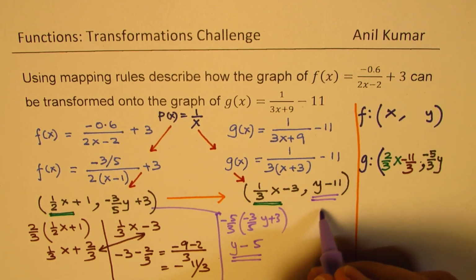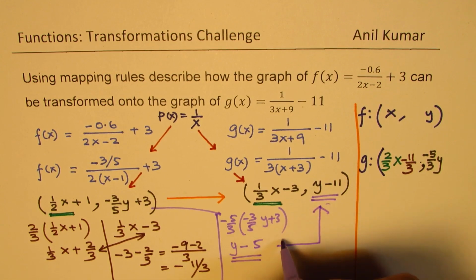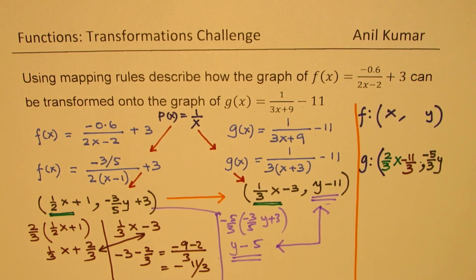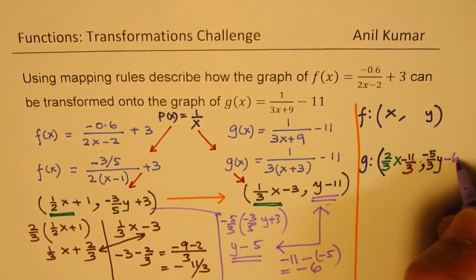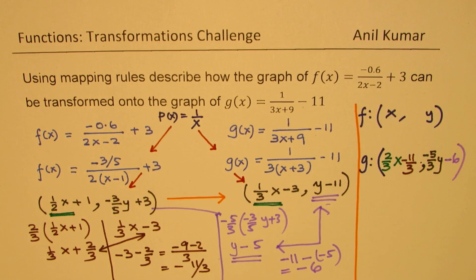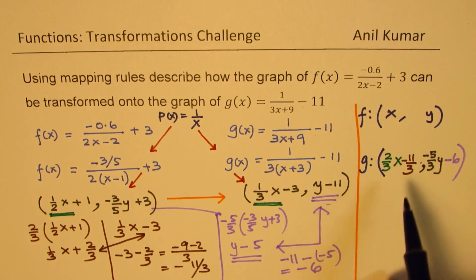We have y minus 11. So if you link these two, what is the vertical translation? Well, the vertical translation is -11 minus (-5), which is equal to -6. So here we get -6. Is that clear to you? That is how we could relate the mapping of the two functions. Clear? Perfect? So that is our answer.